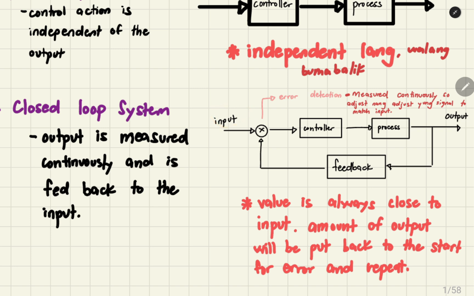So it will adjust continuously. So from 4.5 volts, it will adjust to 4.51. Then it will be processed and then be fed back here. Then assume, let's say it became 5.52, then fed back again because it still did not match the input of 5 volts, right?